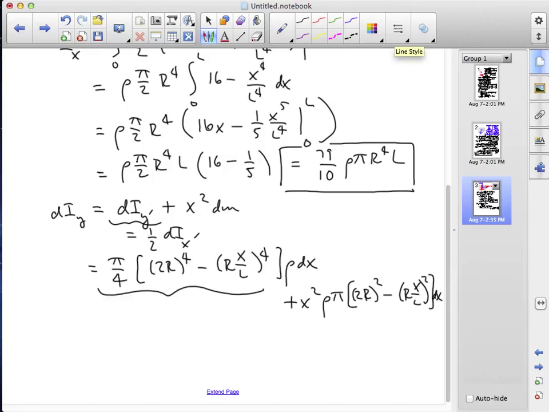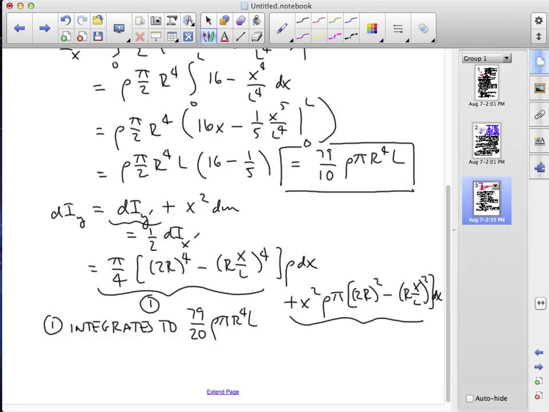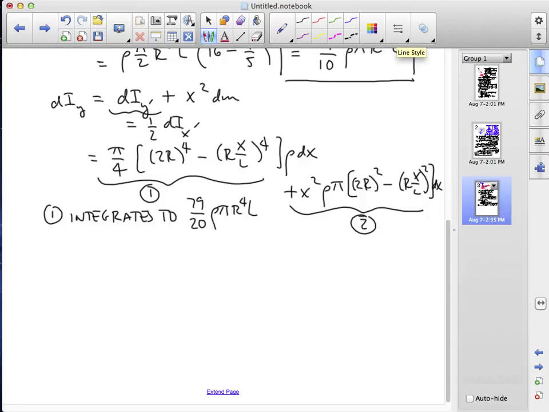Now I already know what this is going to integrate to. This is just half the term we got for Ix. The only difference here is we have a pi over 4 out in front instead of a pi over 2. So I'm just going to say that this first term integrates to half the value we calculated in the first step. So that's just going to be 79 over 20 rho pi r to the fourth L. And that leaves us focusing on this second term.